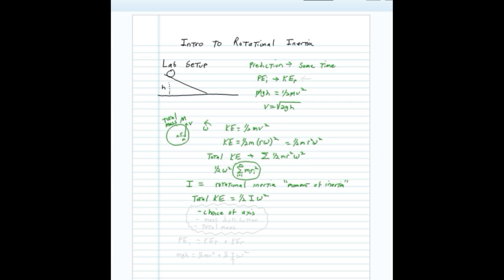Another huge factor is the mass distribution. If you think back to the lab, when mass is concentrated close to the axis of rotation, that's going to give the object less inertia than if the mass is concentrated far from the axis of rotation. We'll see lots of examples of this, but figure skaters are the best example.